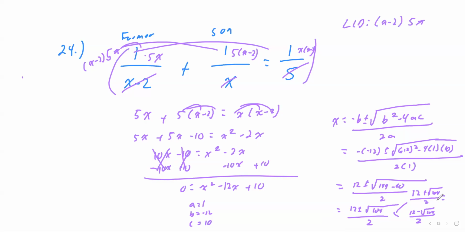Round your answer to one decimal place, so that'd be 11.1. This other one, I need to do 12 minus the square root of 104. Now divide that by 2, and I get 0.9.